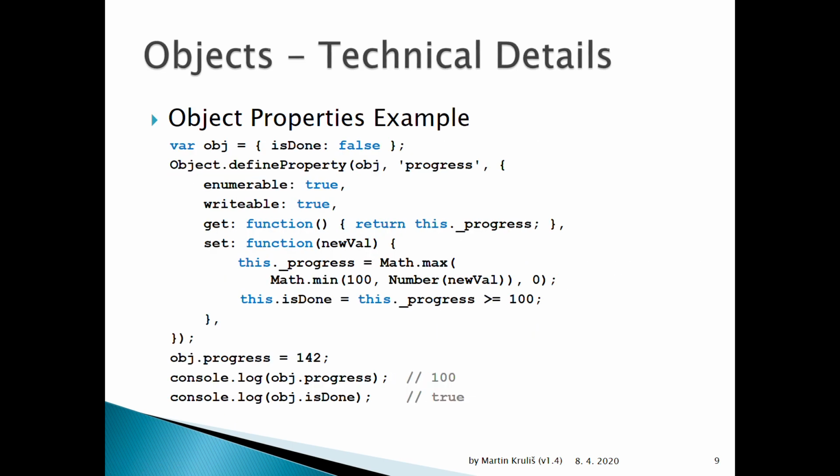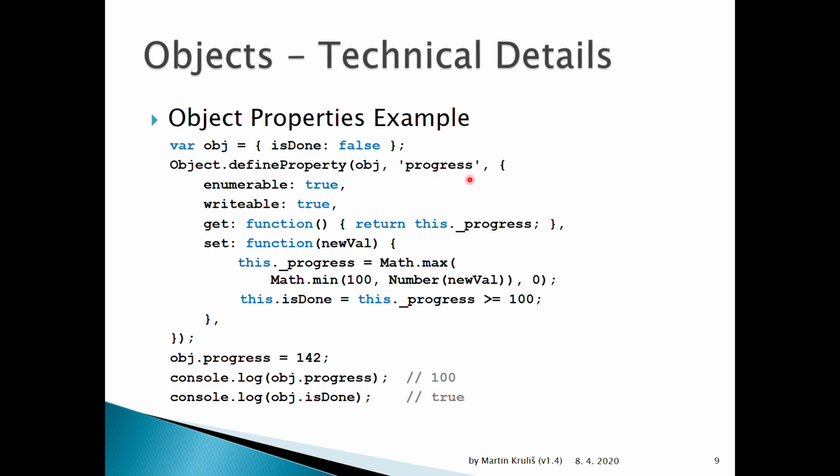Let me give you an example of how defineProperty can be used. In this example we have a regular plain old object which has one regular isDone property, so possibly this object represents some sort of operation that is completed sometime in the future. The second property is defined using the defineProperty approach.